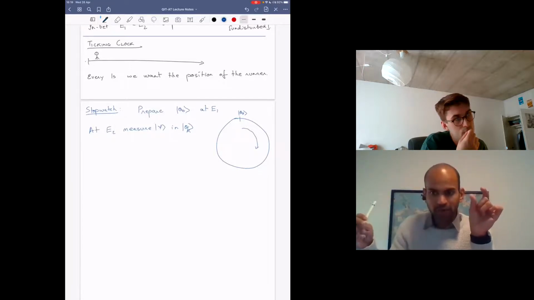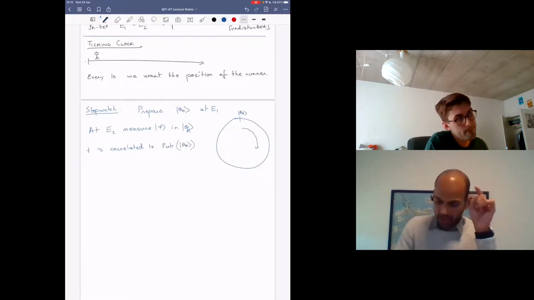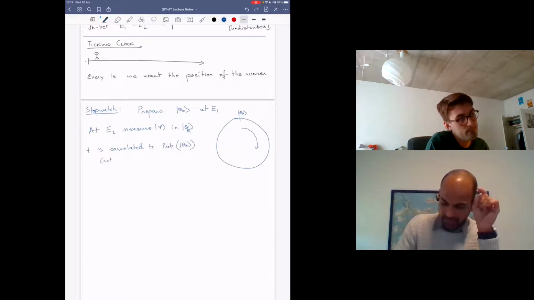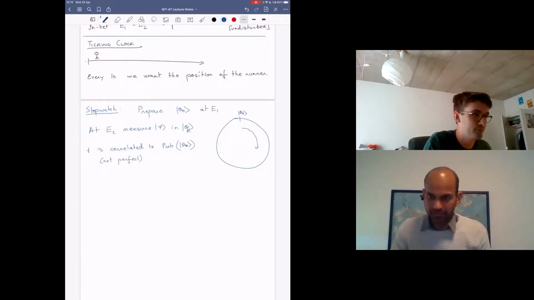But if it's a non-ideal clock, then the best we can say is that T is correlated to the probability of getting the outcome theta k, but it's not perfect. All right, okay, thanks. So that's essentially why it's a guess.